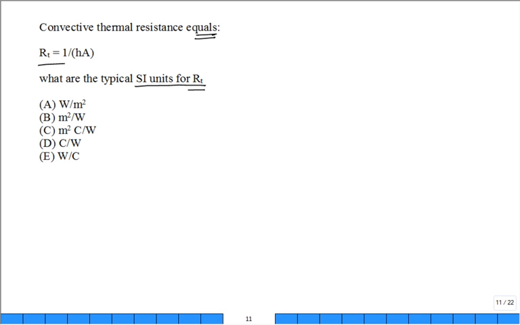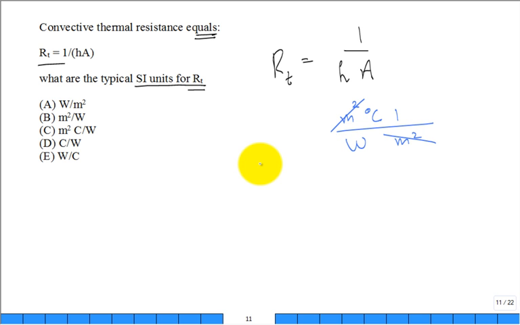Well, there are 2 ways to do this. I'm sure some people are very confident they got the right answer. This R is 1 over HA. I can recall from memory the typical SI units: area is meters squared, and then the convection coefficient, and so these cancel.